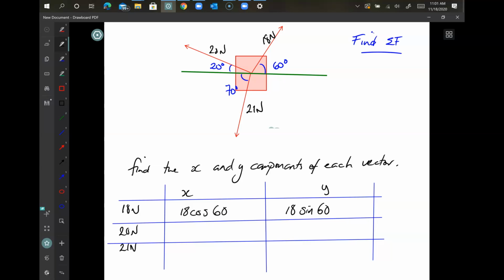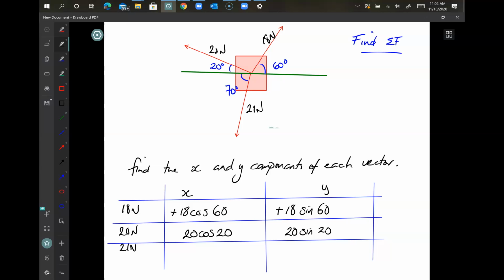The 18 Newton vector is pushing to the right in x, and it's pointing up in y, both of which are positive. If we look at the 20 Newton vector, well, it's connected to the x-axis, so the x component is going to be the cosine one, and therefore the y component will be the sine one.